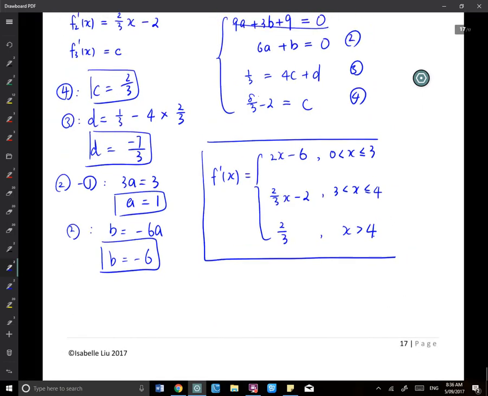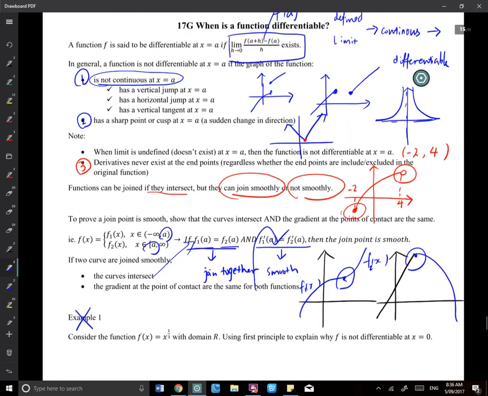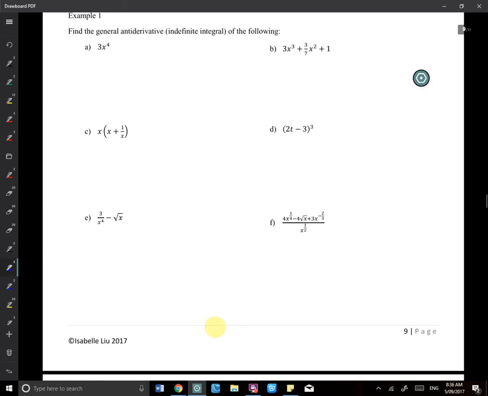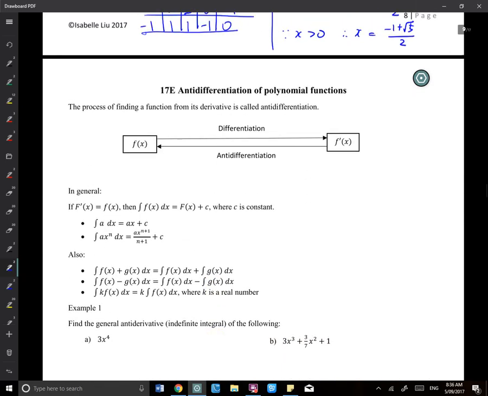So I think what we learned so far in that chapter will belong to one chapter, and what we'll learn today, like page 9, in Year 12 will be a separate chapter. It's not really differentiation, it's anti-differentiation.